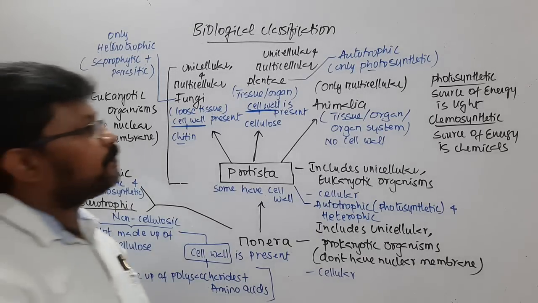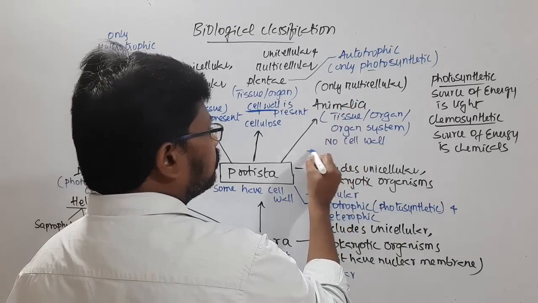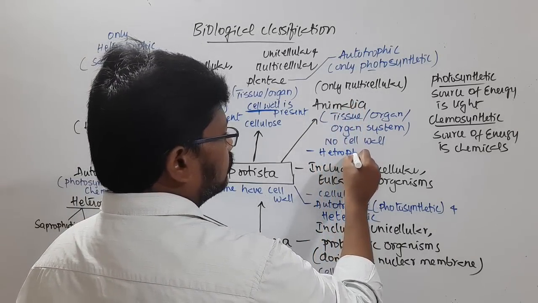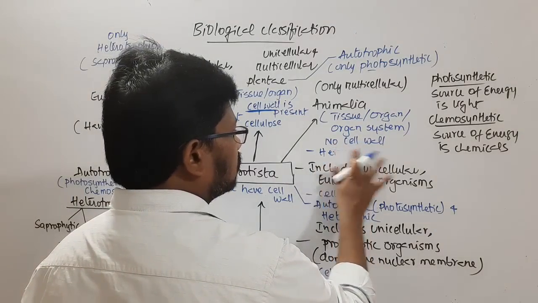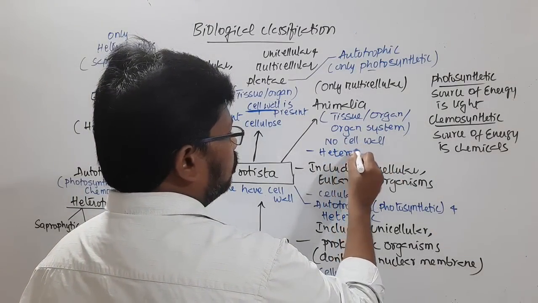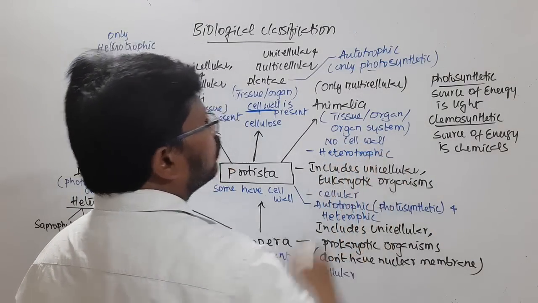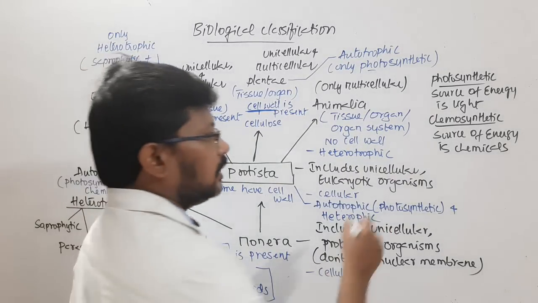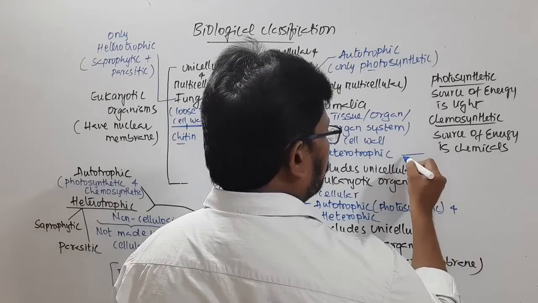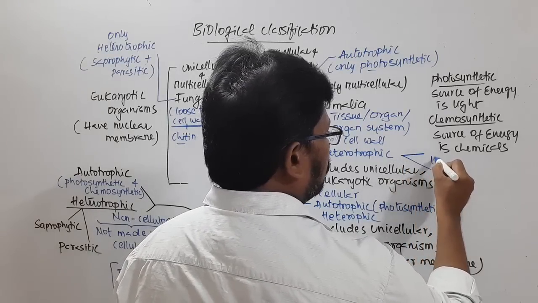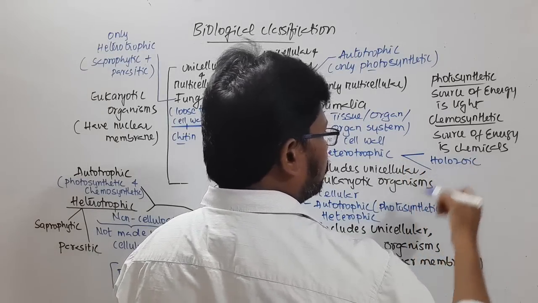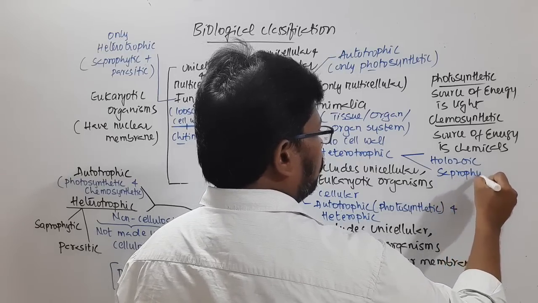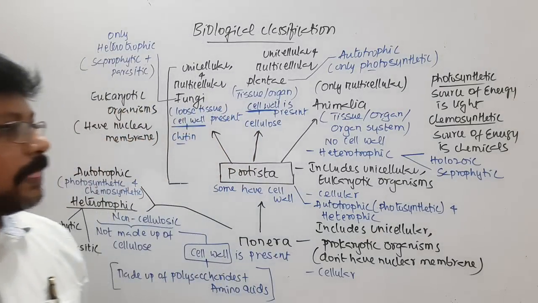And coming to Animalia, this group shows heterotrophic mode of nutrition. Under this heterotrophic mode of nutrition, it includes holozoic mode of nutrition and another one, saprophytic mode of nutrition.